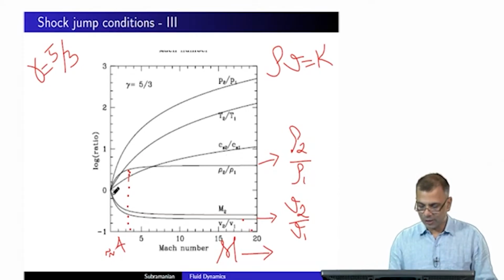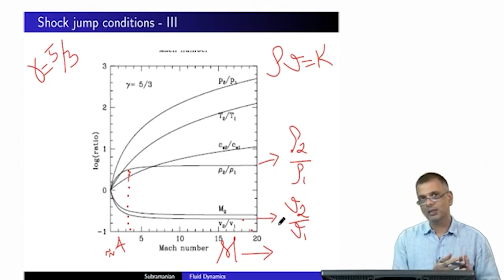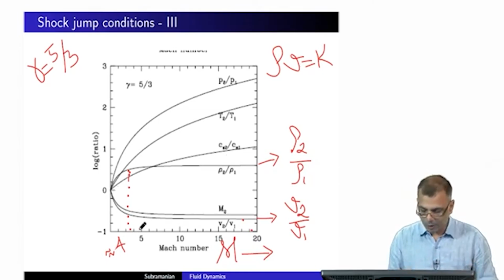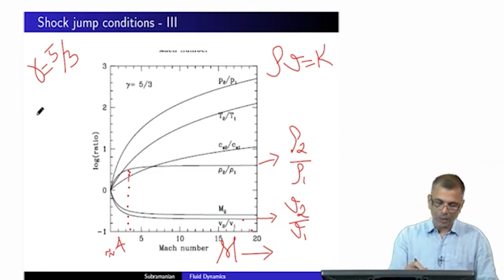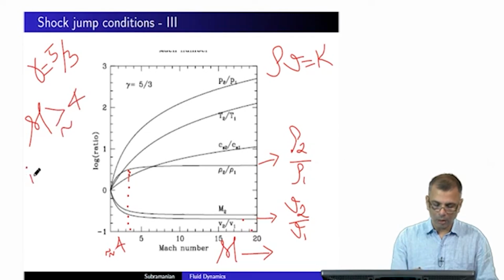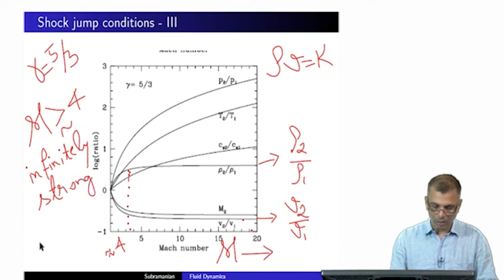As far as the density jump and the velocity jump are concerned, it does not matter whether the Mach number is 5 or the Mach number is 100. It's the same result. So that's why people normally say an infinitely strong shock.